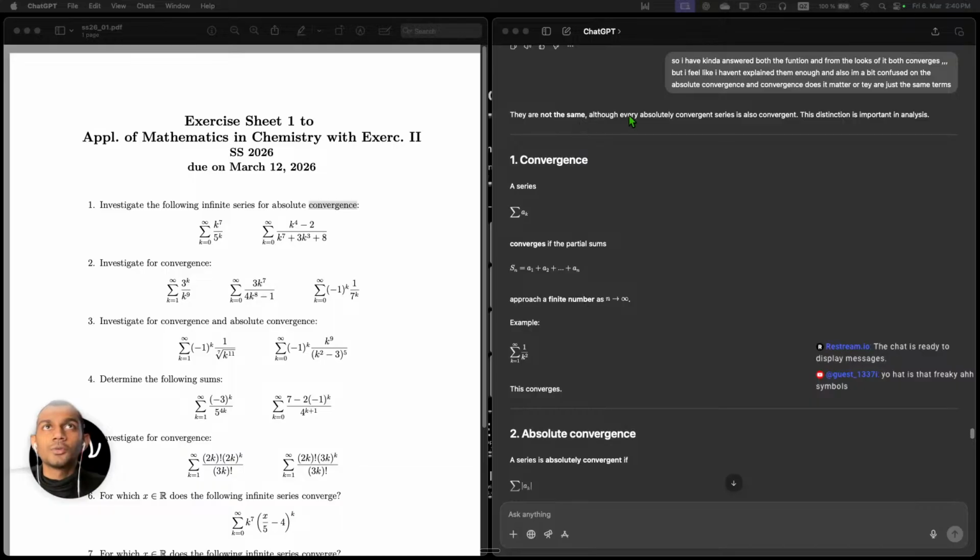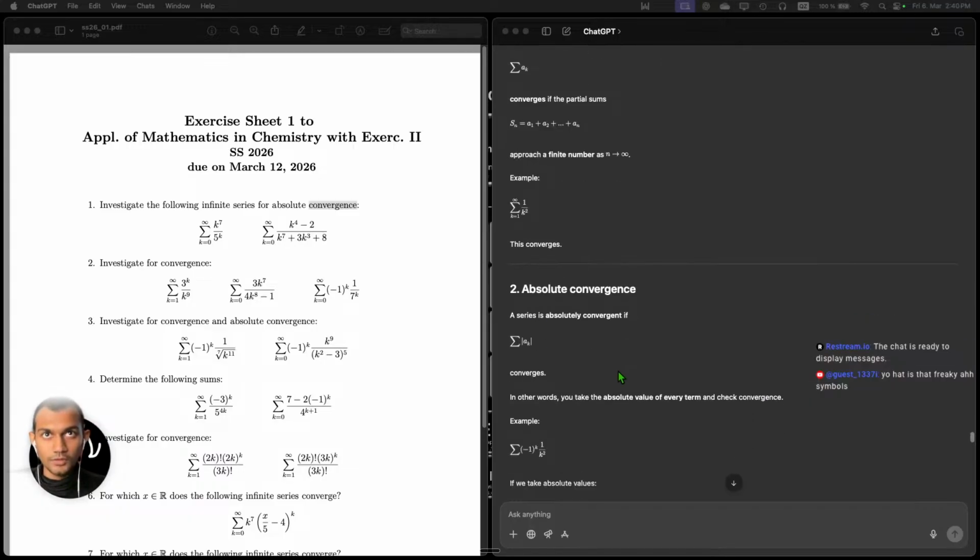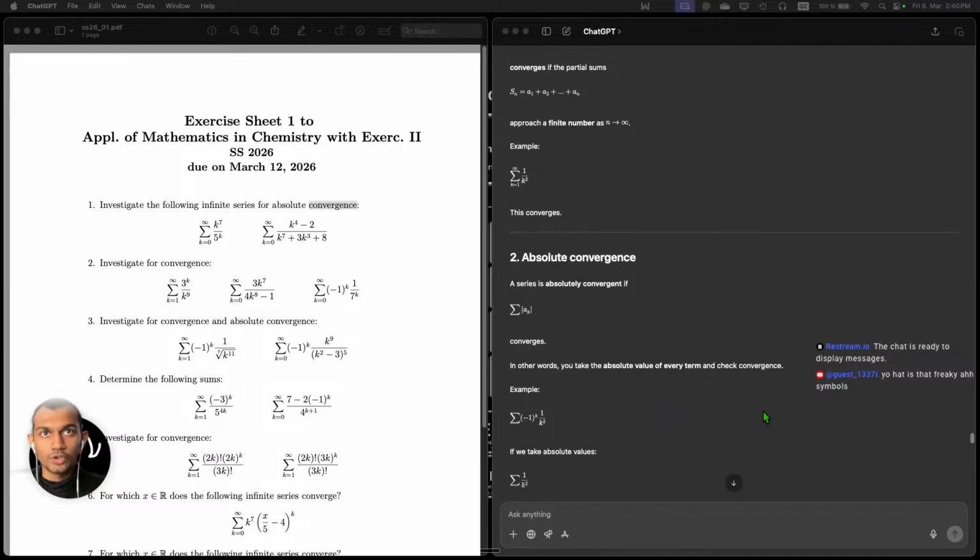They're not the same, although an absolutely convergent series is always also convergent. The distinction is important in analysis. A series converges if the partial sums approach a finite number. It converges absolutely if, in other words, you take the absolute value of every term and check convergence. Example, minus 1 raised to k.